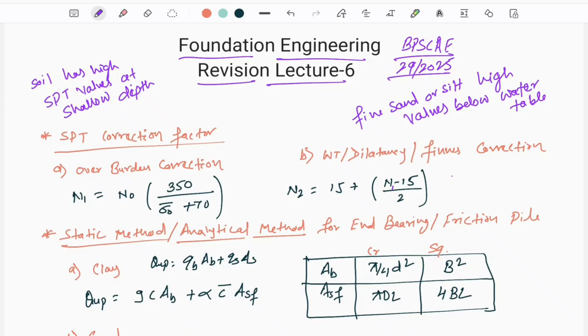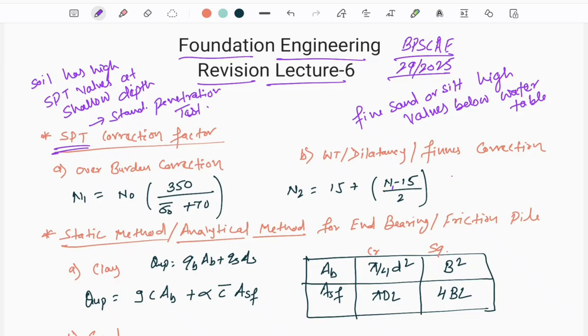There is a test in pile foundation called the standard penetration test, in short SPT. When you conduct SPT, there is a parameter called the N value, that is the number of blows.